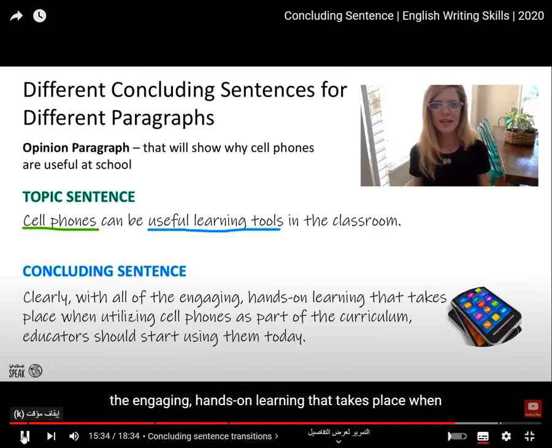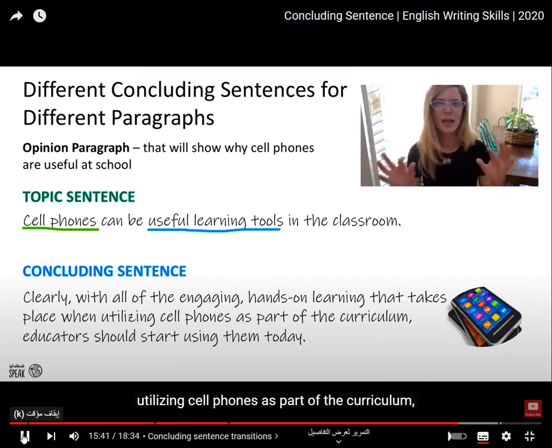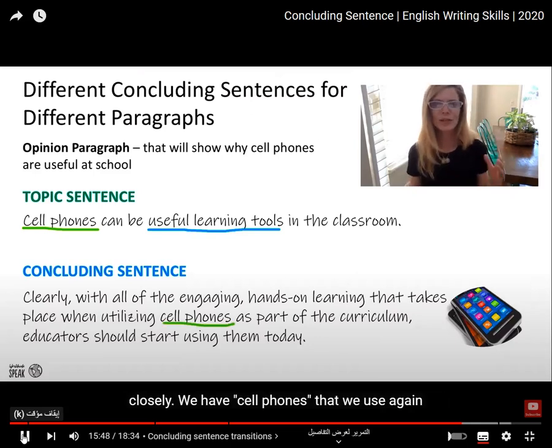So our concluding sentence would look like this: with all of the engaging hands-on learning that takes place when utilizing cell phones as part of the curriculum, educators should start using them today. Now, let's take a look at this more closely. We have cell phones that we used again, restating the topic. And we used the same word because pretty much that's the only word that we can use for cell phones.